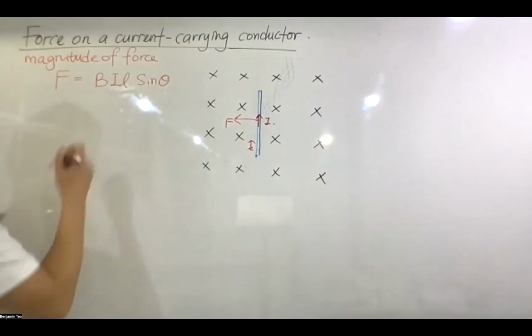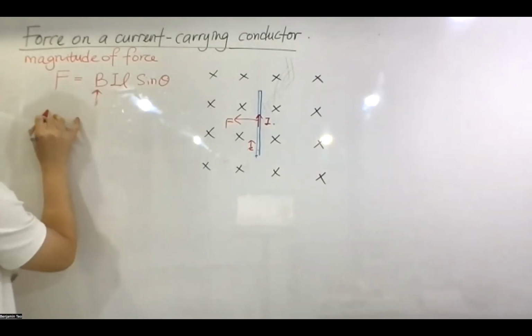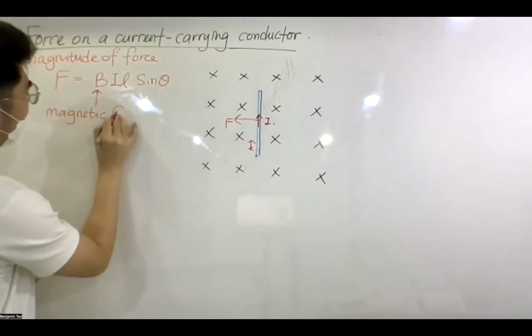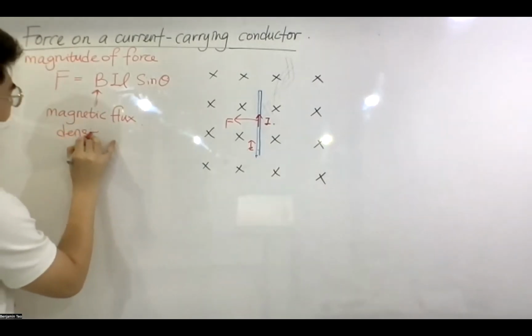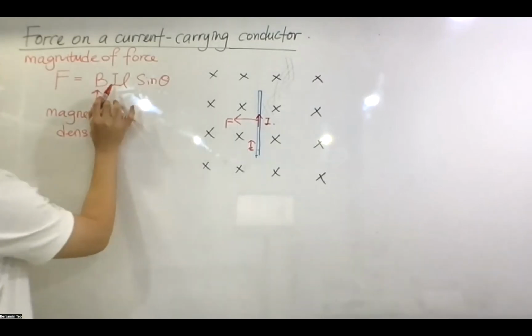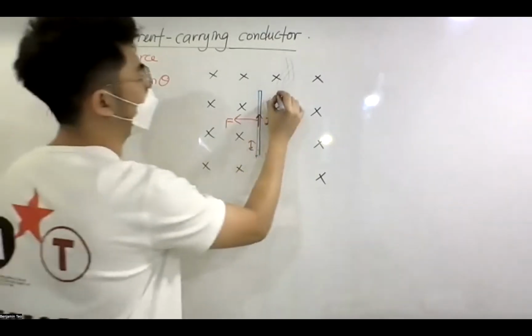Here, what is this B? Okay, now we have come to magnetic flux density. What is I? Current, okay? I is current. L is what? L is the length here.